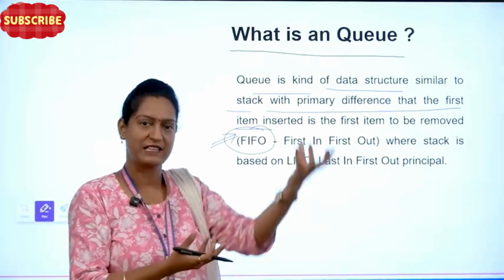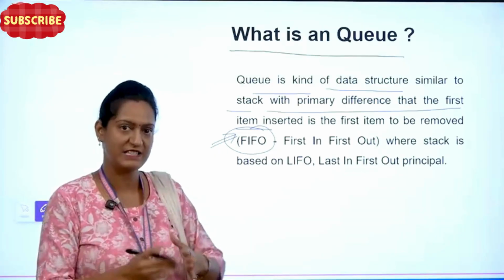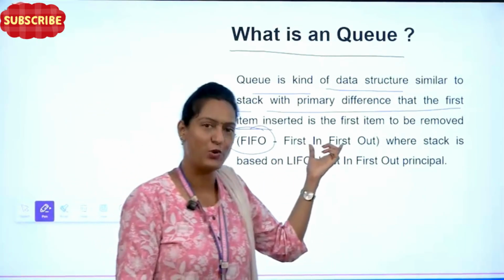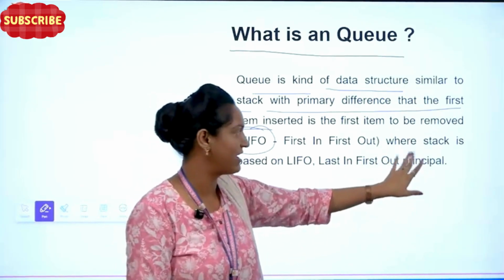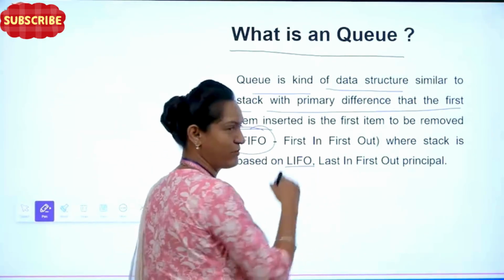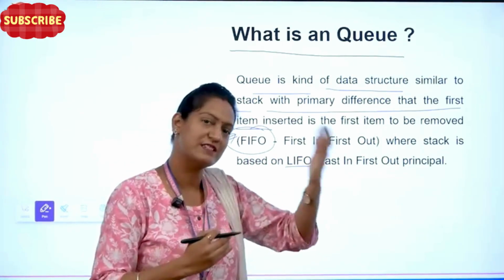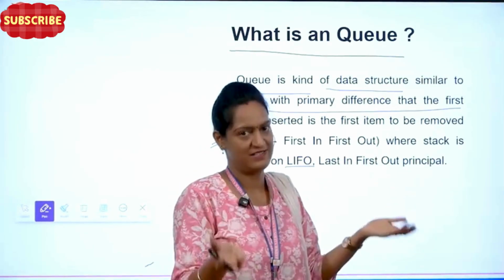Whichever element comes first will be served first and go out first. A stack is based on LIFO, last in first out. So this is the basic difference between queue and stack.